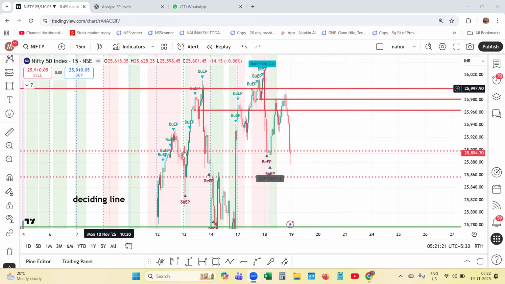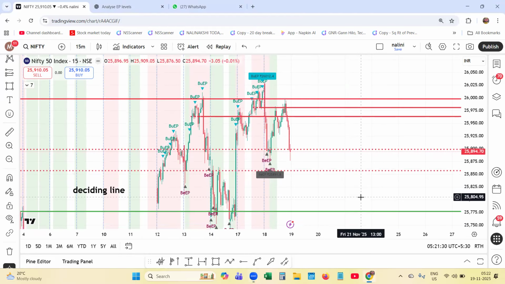Now, though I am on the 15-minute time frame, my indicator is giving hourly EP. Red color is for CE and green color is for PE.